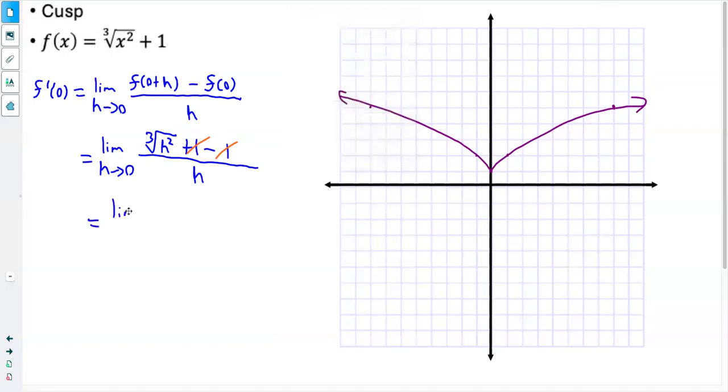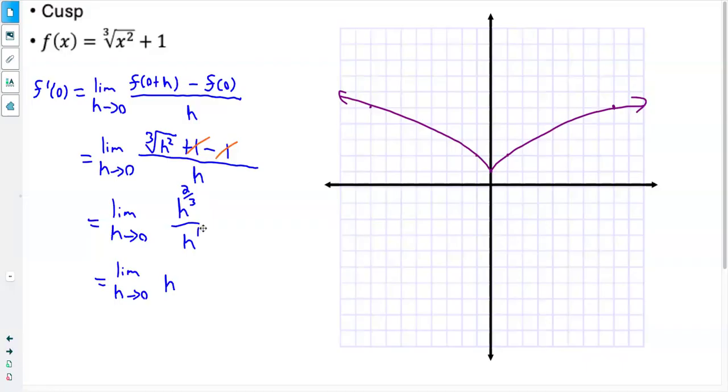Now to help continue solving this, I will change this into exponential form. So that's h to the power of 2/3 over h. So that's our limit as h goes to 0 of h to the, if you remember your exponent laws, if you're dividing, you're subtracting the exponent.